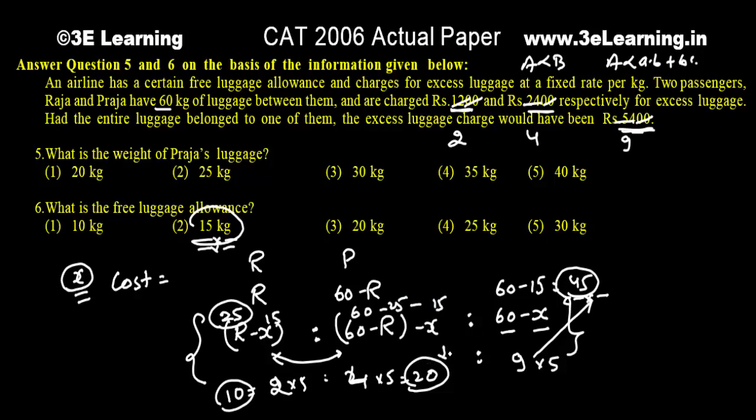Is it getting 20? Yeah, I am getting 20. I am picking an option and cross-checking with the other values. Yeah, 60 minus Raja's 25 minus x, the free allowance, is 20, which is our value. So our answer is 15 kg is the free allowance and Praja has nothing but 35 kg of weight. So these two are the answers.